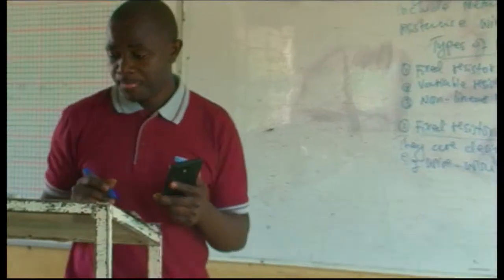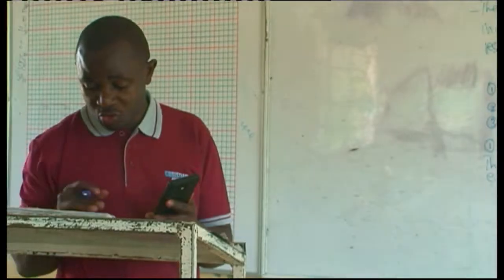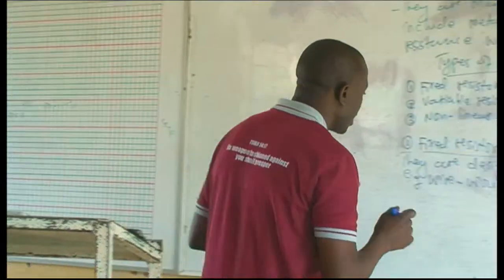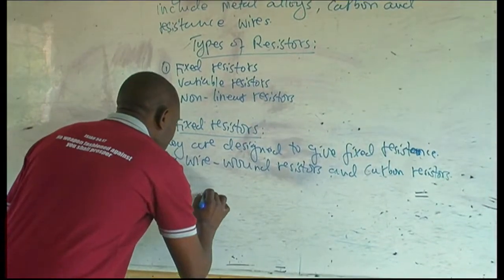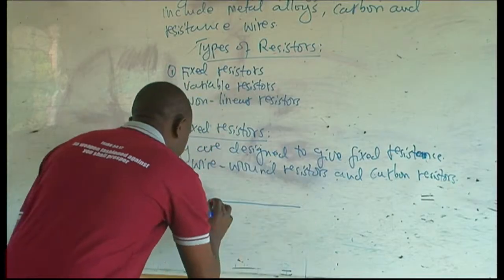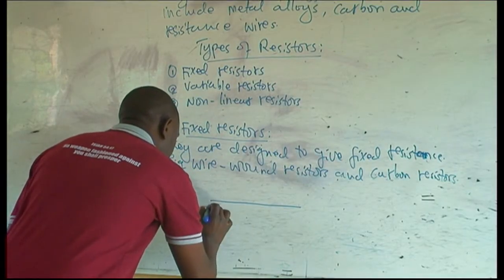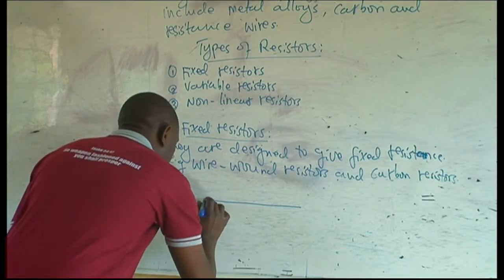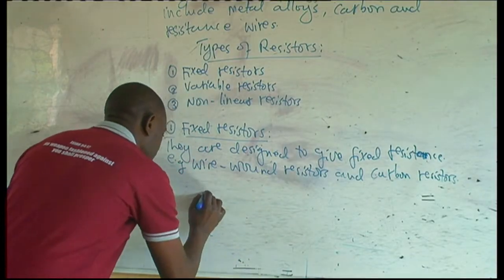Now we can use a diagram to show these two types of fixed resistors that we have. The wire wound resistor will look like this.